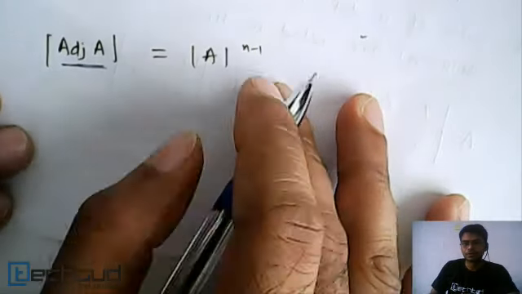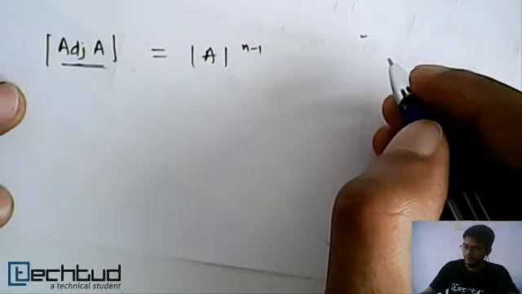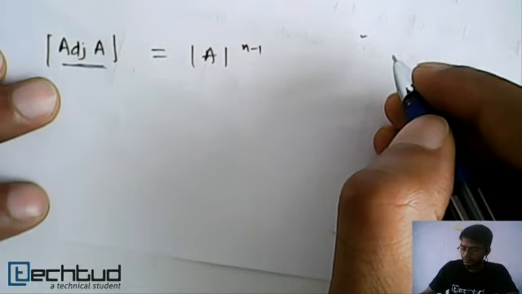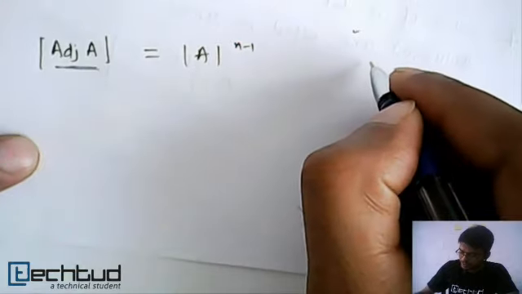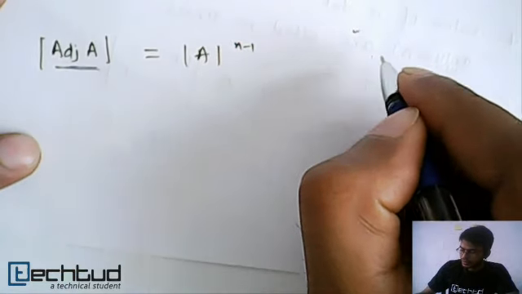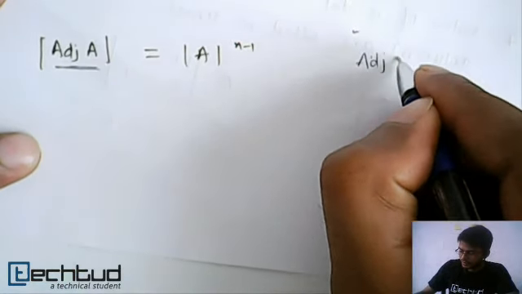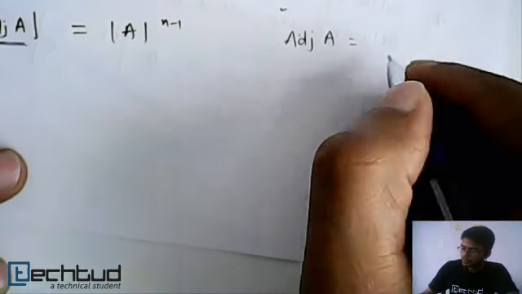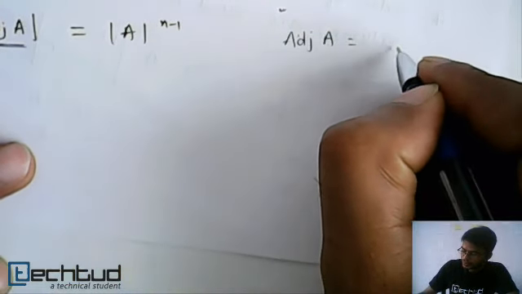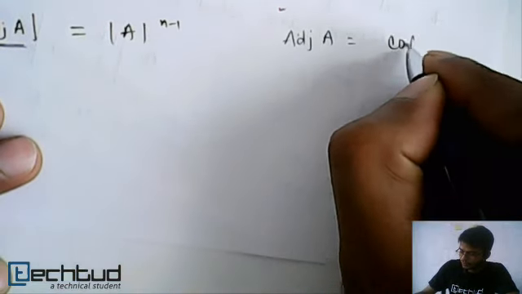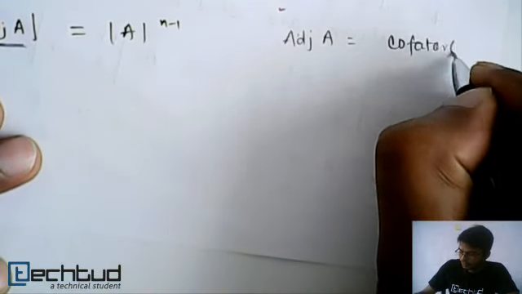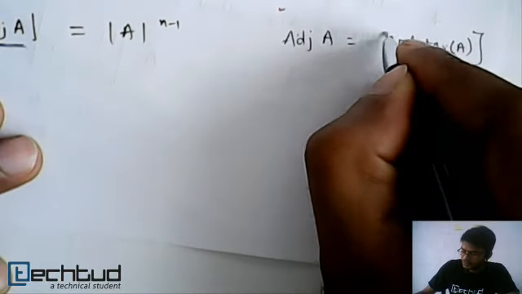So let's come to the next property, which is adjoint A. The determinant of adjoint A is equal to determinant A to the power n minus 1. We haven't understood adjoint A yet, but in short, adjoint A is equal to the corresponding cofactors of A and then its transpose.